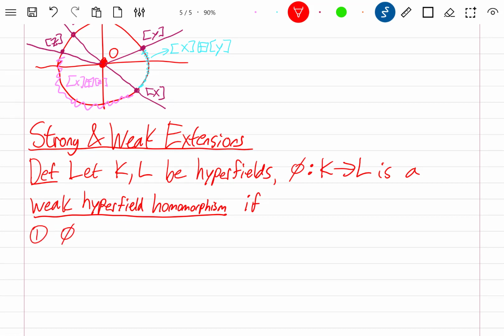We need phi of 0 is 0. So this is the 0 in K, this is the 0 in L. Phi of 1 is 1. Again, this is the 1 in K, this is the 1 in L.